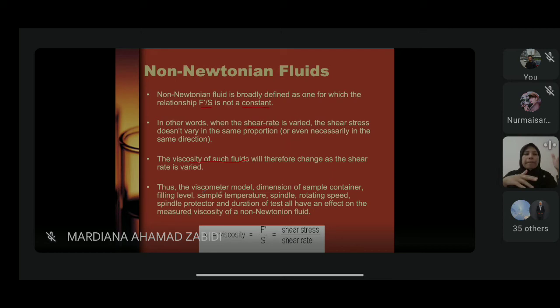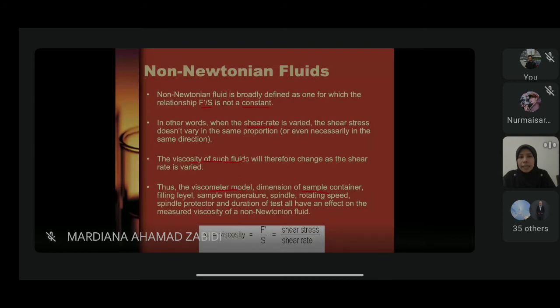So we have several factors that also affect the non-Newtonian fluid. For example, the viscometer model, whether you are using a Brookfield viscometer or a spreadability viscometer, that depends. Dimension of sample container. Filling level, the volume of the sample that you put into the beaker.